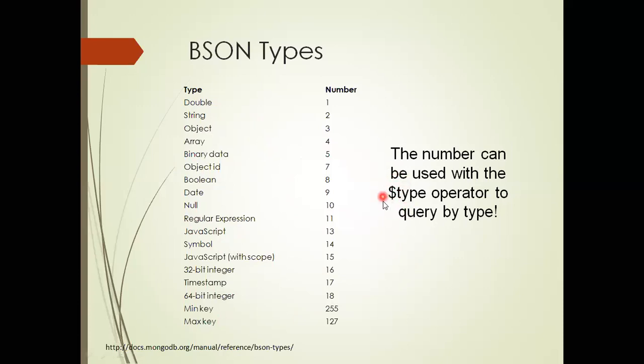The number can be used with the $ type operator to query by type. So in our examples, we will be using the $ symbol. So what is the $ symbol? If we want to query by type, then we will use this $ symbol. Like if we are using conditions like or, and, in, then we will be using this $ symbol with those.